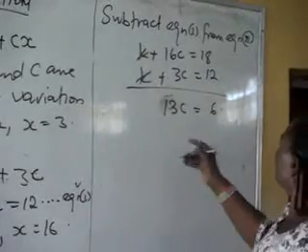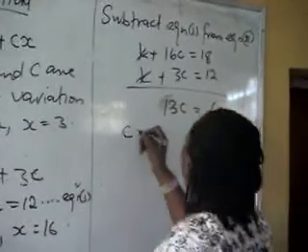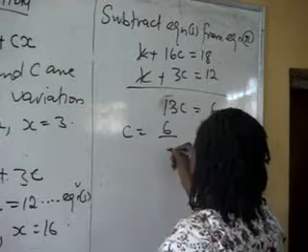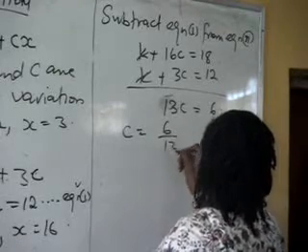Now this is going to give us what is c. c now equals 6 over 13.